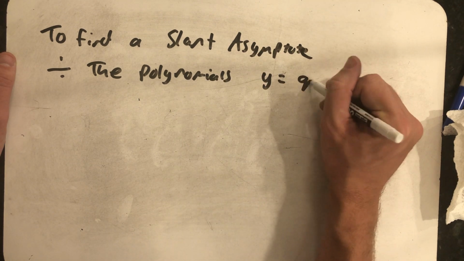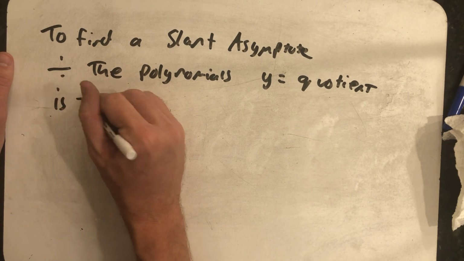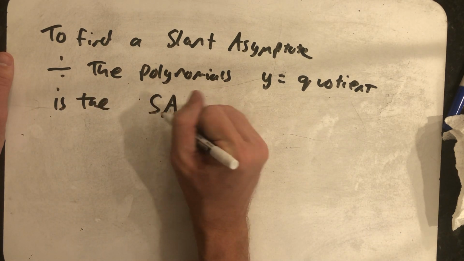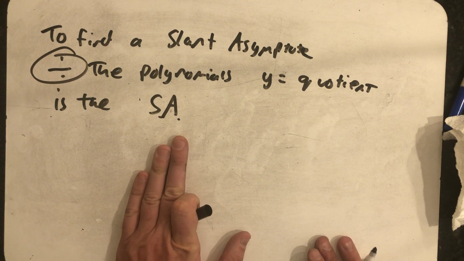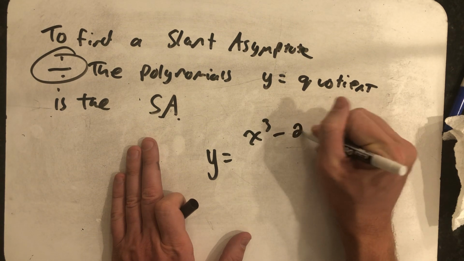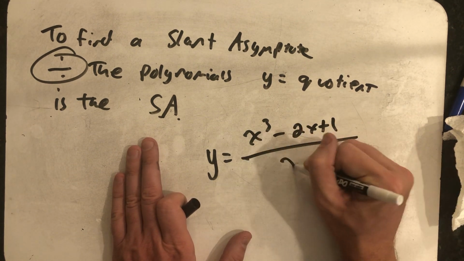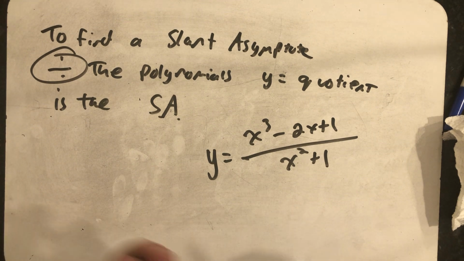Y equals the quotient is the slant asymptote. You can use long division or synthetic division. We just have to find the quotient. And one thing to note, this only works when the degree of the top is exactly 1 more than the degree of the bottom, because that makes the quotient a line.